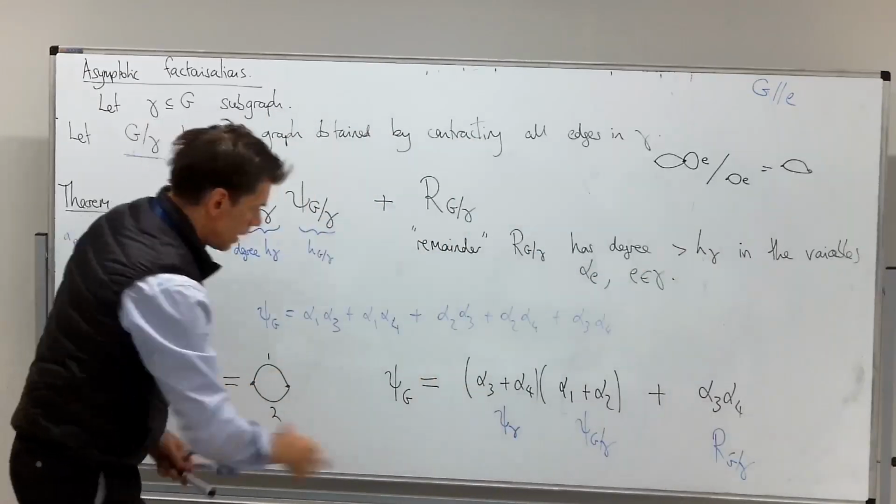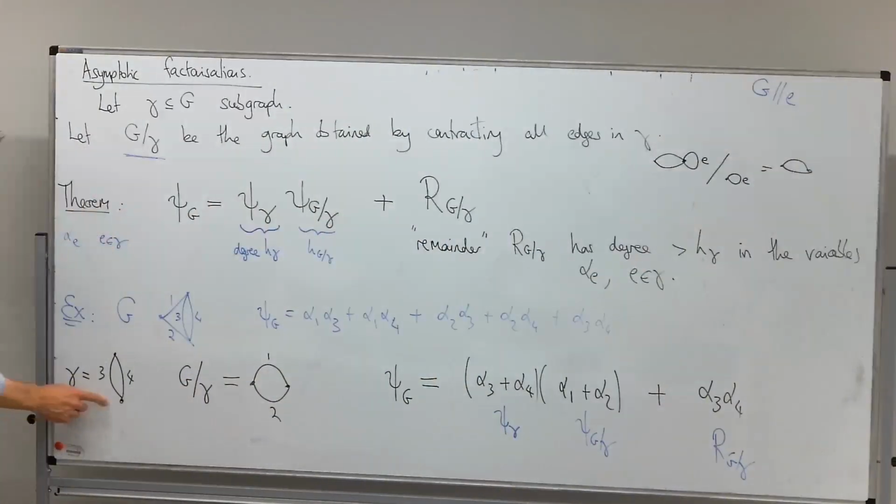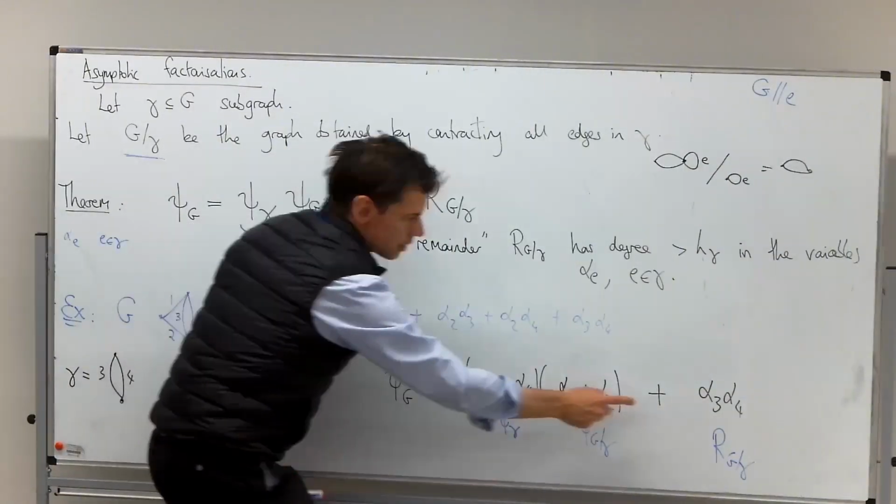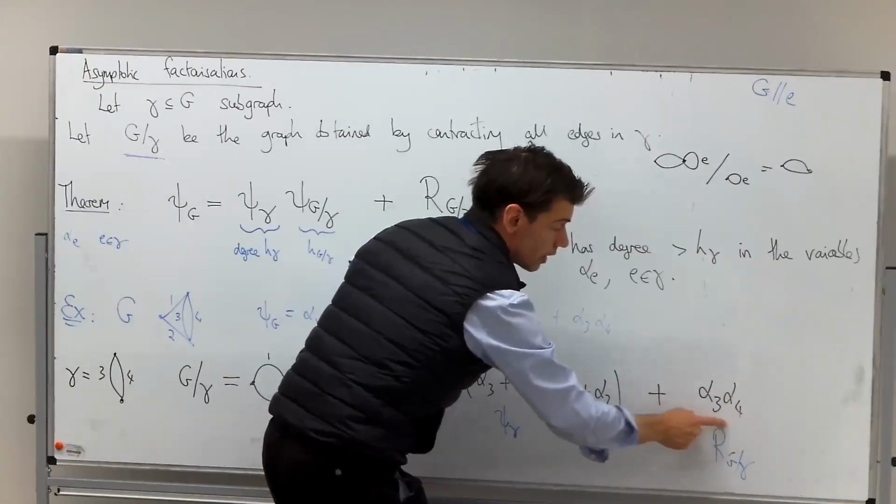So you see, for the subgraph with edges 3, 4, this term is of degree 1 in alpha 3, alpha 4, but this is quadratic. It's degree 2 in alpha 3, alpha 4.